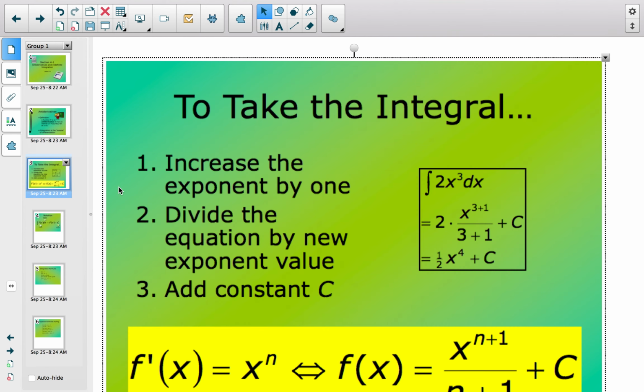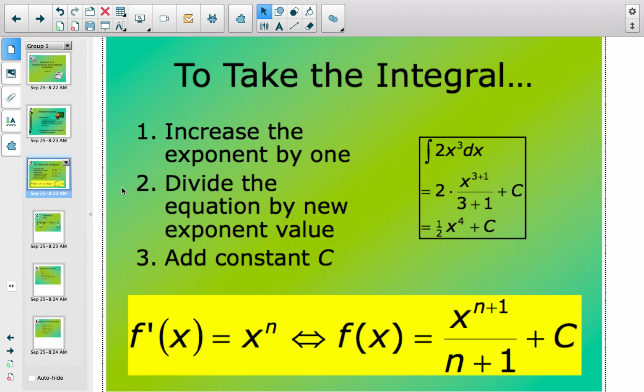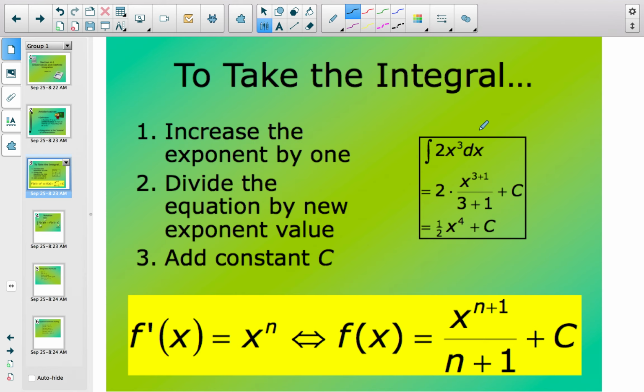To take an integral, what you need to do is, instead of multiplying your exponent out front and then subtracting 1 from your exponent, work backwards.